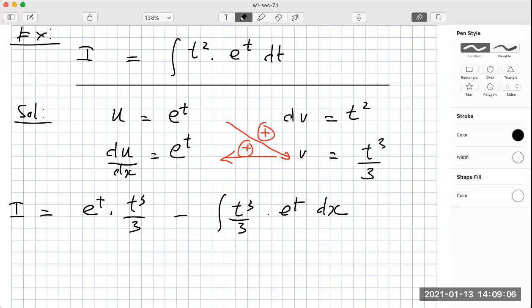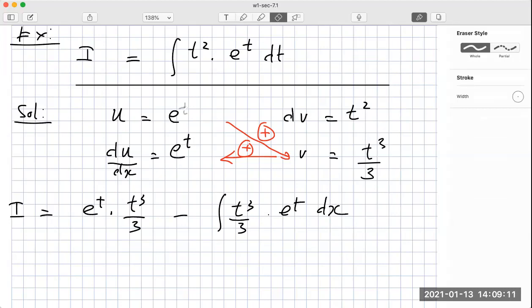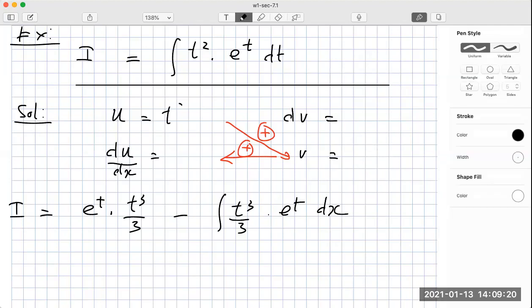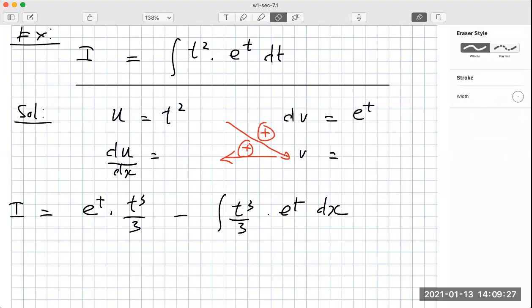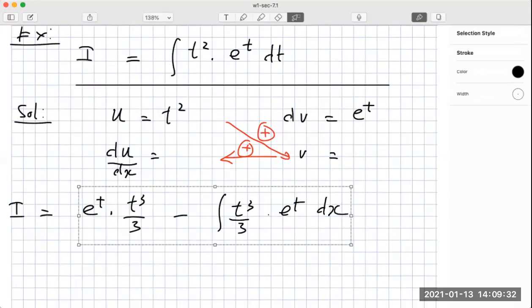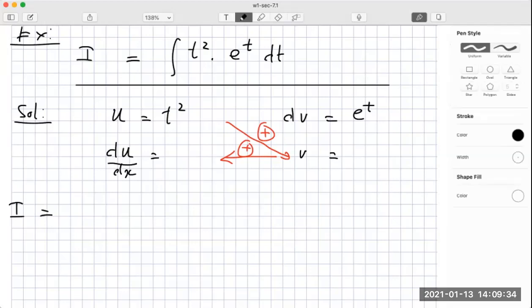Very good. Is it clear? So let's try the other way around. If we define u to be t squared and dv will be e to the t, we need to find the derivative of u, what is it? Okay, 2t.